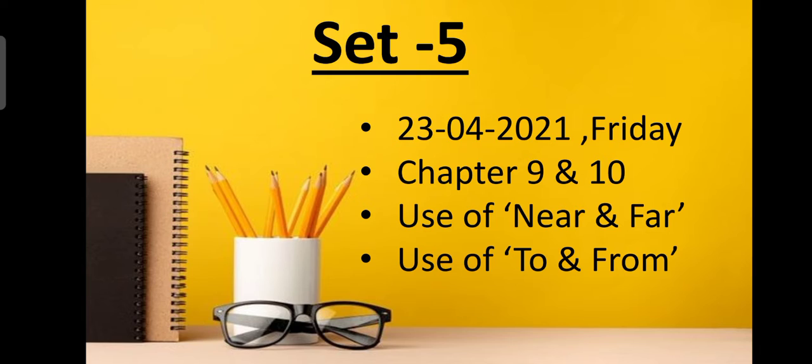In chapter 9, we learn about the use of near and far, and in chapter 10, we learn about the use of to and from. As we learned, near indicates next to us and far indicates far away from us.